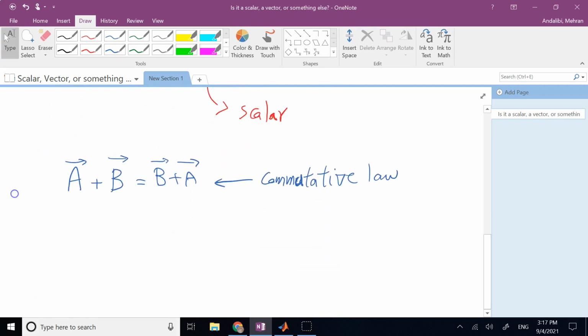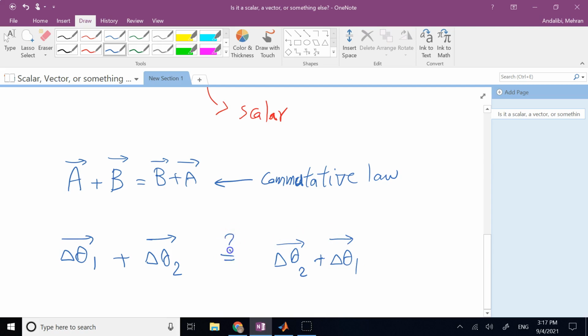Now my question is this: if you have a delta theta vector 1 and a delta theta vector 2, if you add them and then reverse the order of the addition, is the result going to be the same? To demonstrate that, here I assume that, let's say, the first one is a rotation about x, the second one is a rotation about y, and then I reverse it.